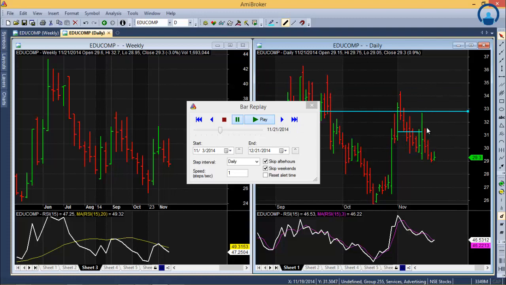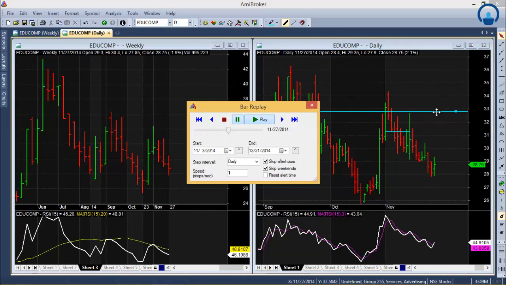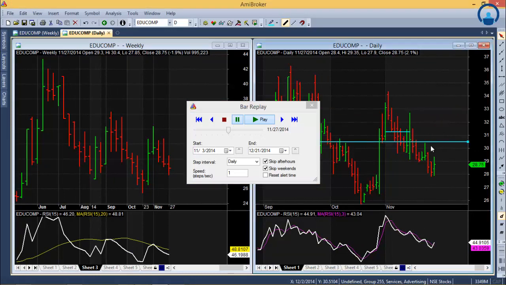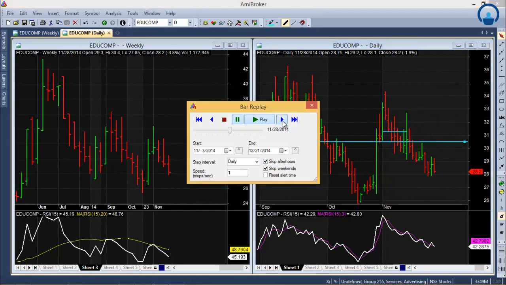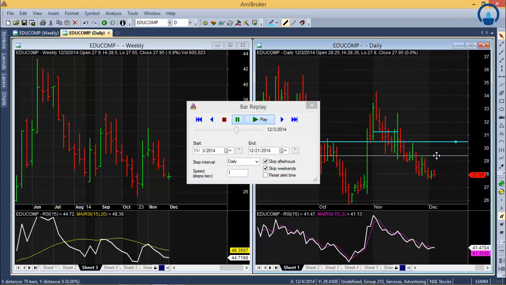Now I am revising the stop loss to every swing high because you can see RSI gave a crossover on the daily chart. It was a failed crossover, which makes it a valid swing high. Hence I am revising my stops to those swing highs. One more failed crossover, swing high revised. One more failed crossover, swing high revised.